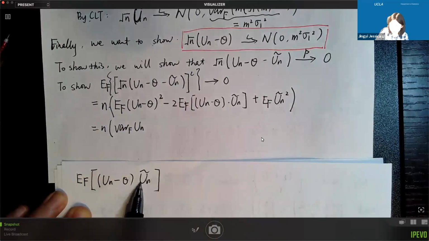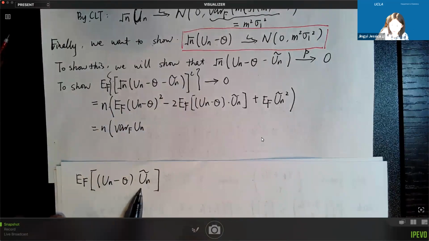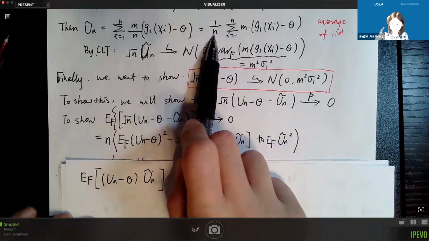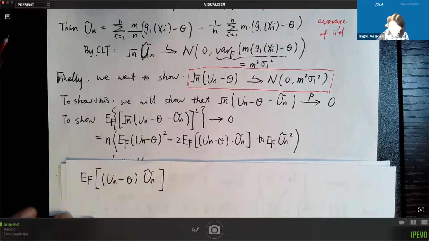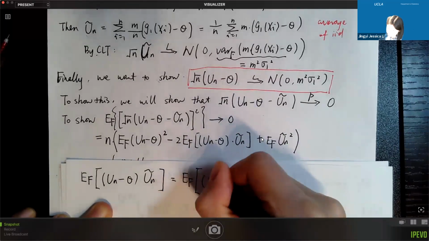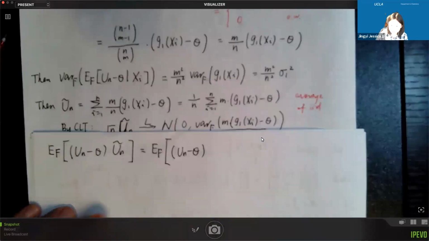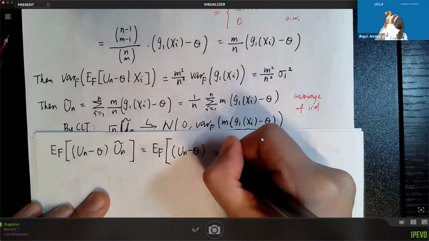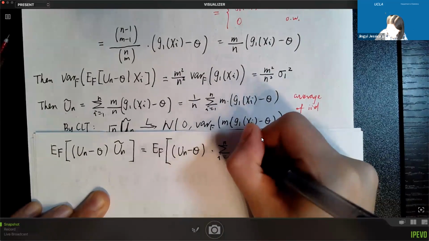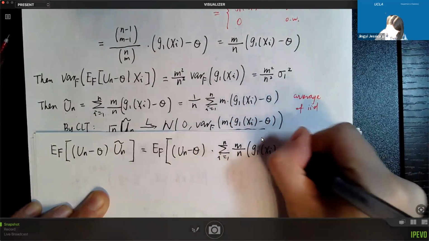Un tilde can be considered a surrogate for Un minus theta, and we already did the calculation: it's 1 over n times the summation over i from 1 to n of g1(Xi) minus theta.